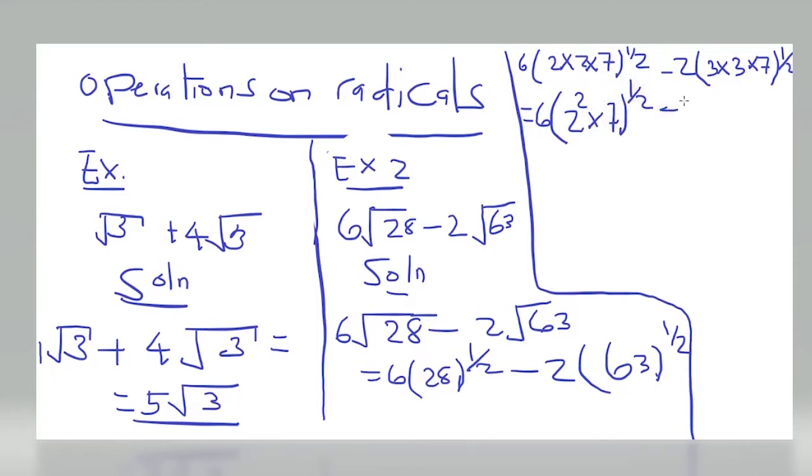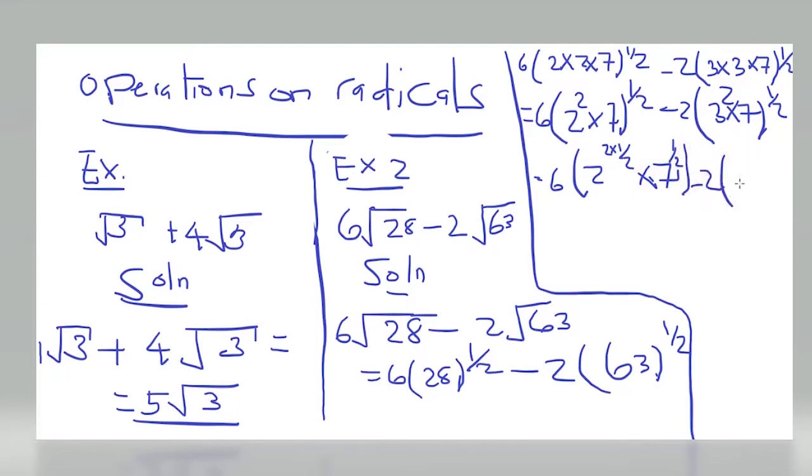Then minus 2, then 3 squared times 7, then power a half. Now this one is equal to 6. By applying the exponent half, this will be 2 power 2 times a half, times 7 power a half. Minus 2, here inside I'm going to have 3 squared times a half, then times 7 power a half.